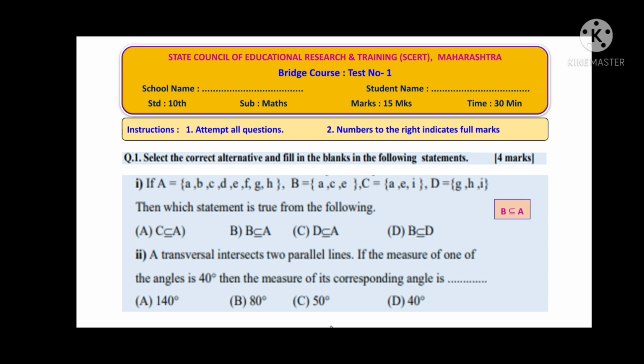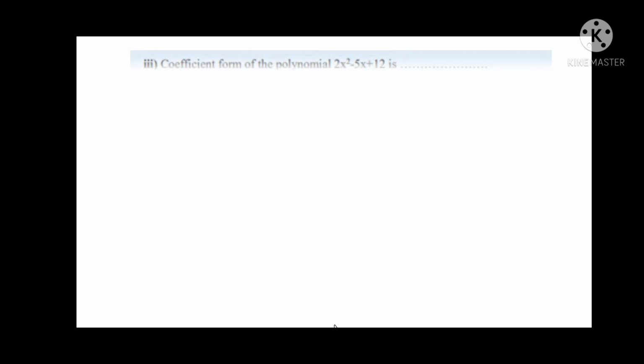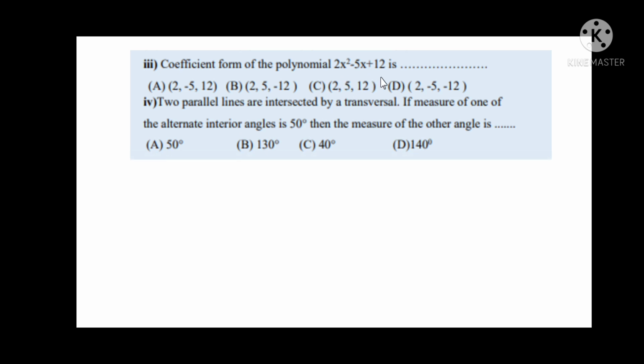Second one, a transversal intersects two parallel lines. If the measure of one of the angles is 40, then the measure of the corresponding angle is also 40 degrees because corresponding angles are congruent. Next, the coefficient form of the polynomial 2x square minus 5x plus 12 is: option A, 2, minus 5, 12; 2, 5, minus 12; 2, 5, 12; and D is 2, minus 5, minus 12.